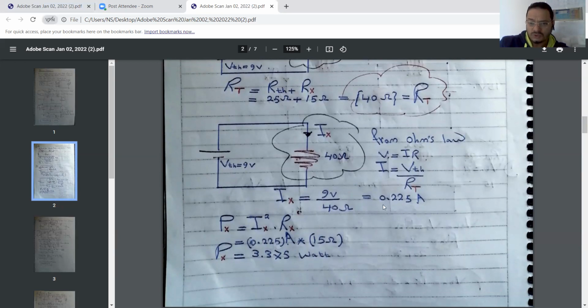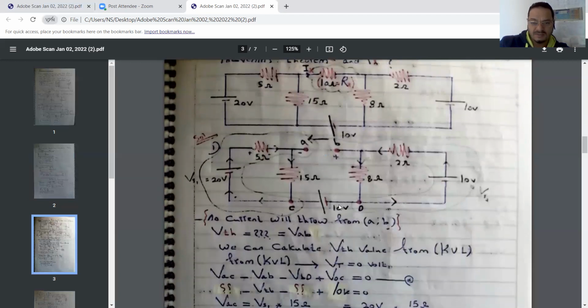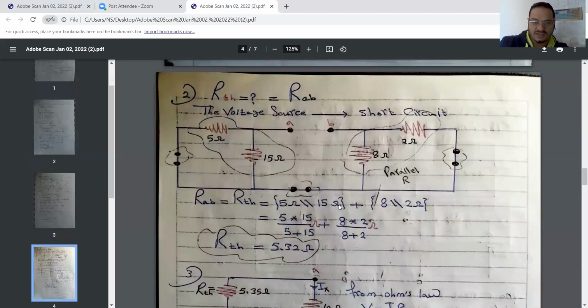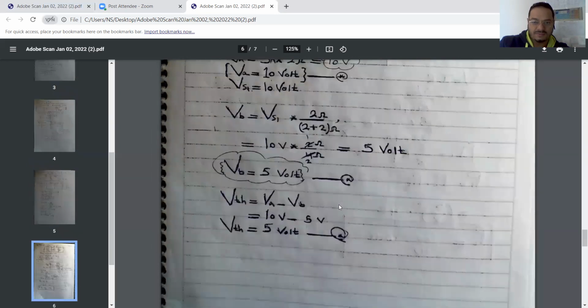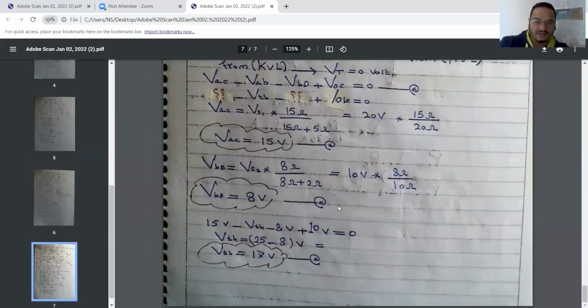Here, 0.225 squared dot 15 ohm equals 0.759 watt. Here, this image is not clear because I took another picture of it and I put it at the last.